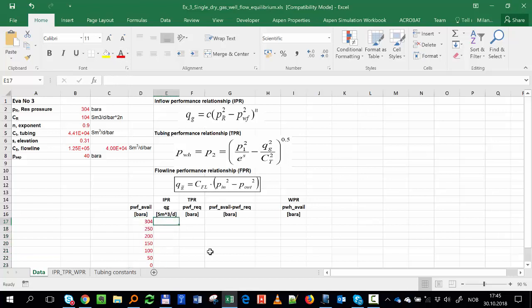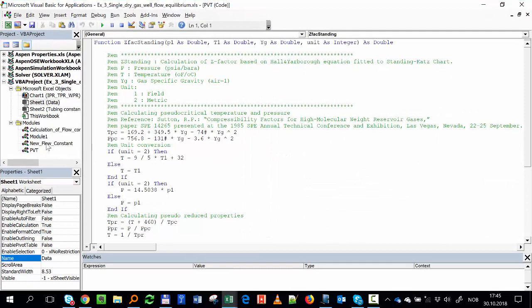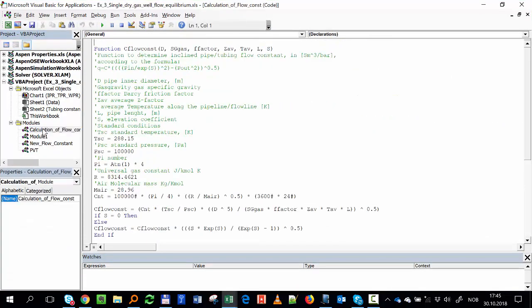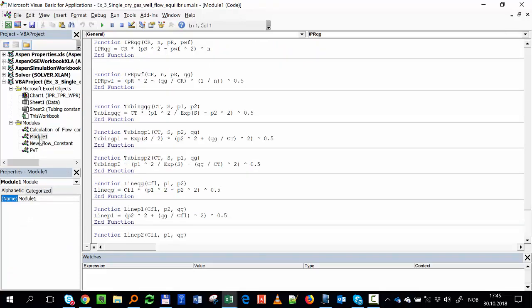Now, the IPR equation, I told you, you won't have to do any programming in Excel. So we punch Alt F11 to see how the equation is called. You see here on the left we have, I think, Module 1. There are a bunch of equations here, but let's look at the ones that have the name IPR.